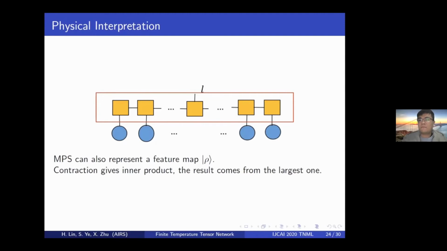Notice there is another interpretation of the MPS classifier. The weight tensor is a combination of all standard image or feature map vectors in a given class. The contraction of tensor network states gives the inner product. In other words, the weight tensor contains the typical set of states which are used in the METTS algorithm.